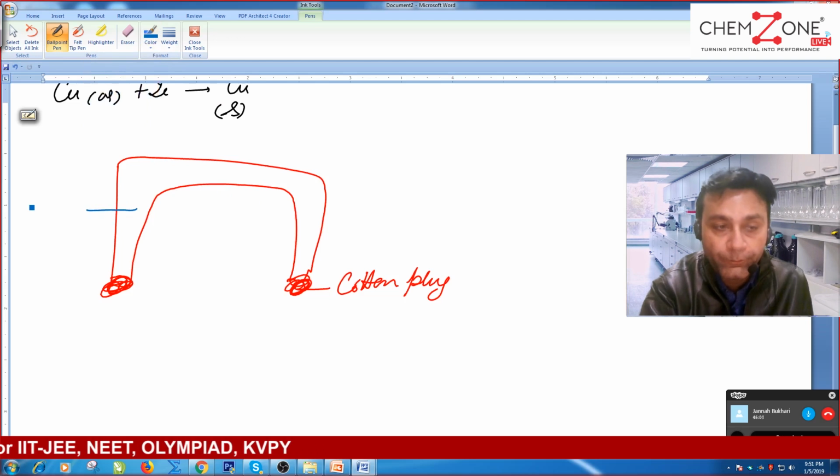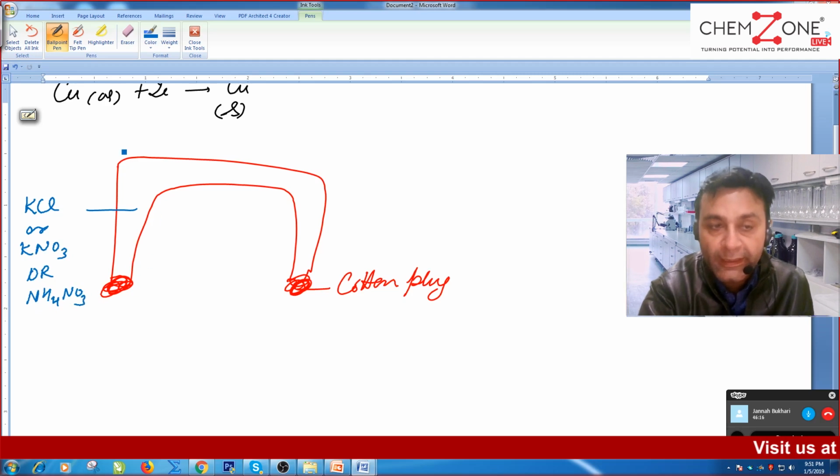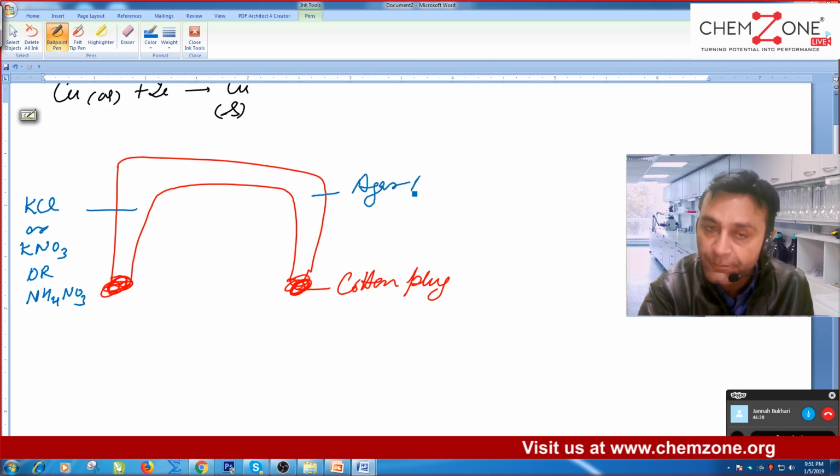And here I have potassium chloride or potassium nitrate or ammonium nitrate. Any one of these I'll fill here in a special gel, we call it the agar-agar gel.